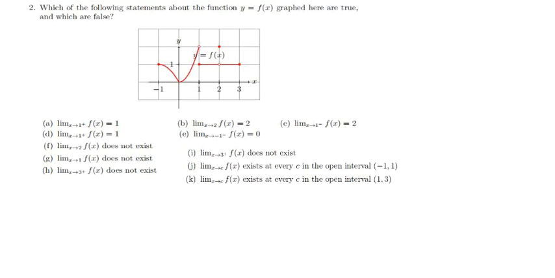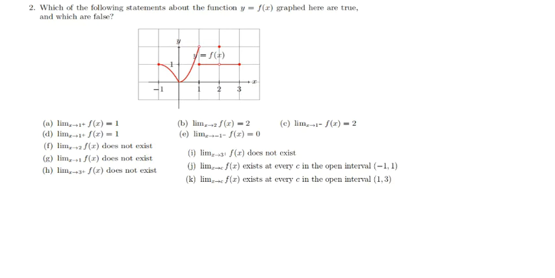Our question 2 is saying which of the following statements about the function y equals f of x graphed here are true and which are false. It's similar to question 1, so we're going to be using the same idea. The first statement says limit as x approaches 1 from the right side is equal to 1.